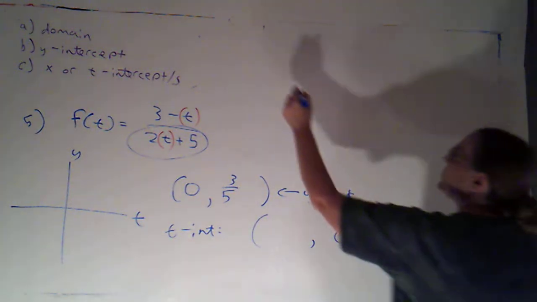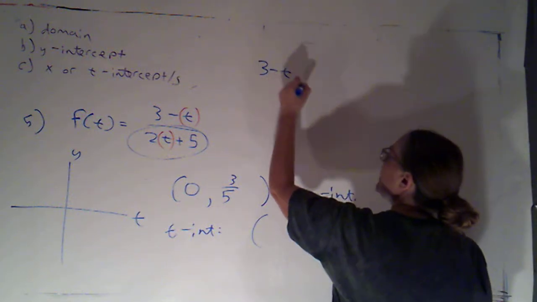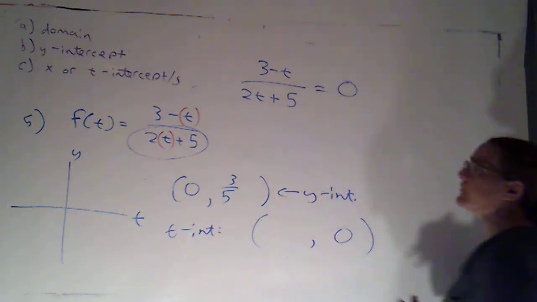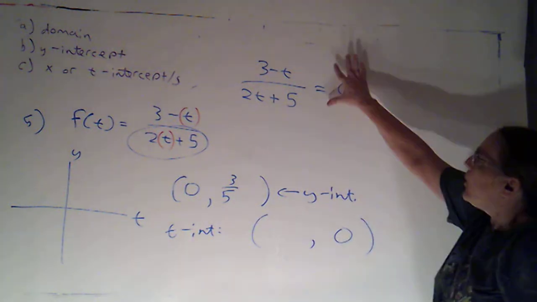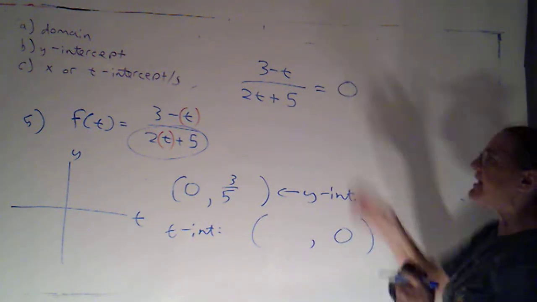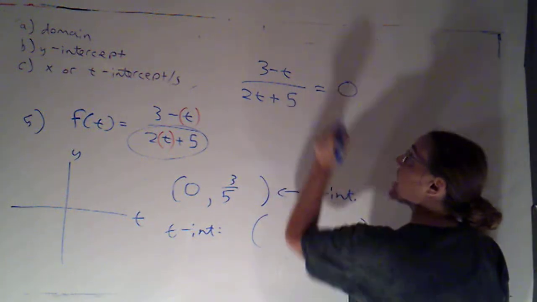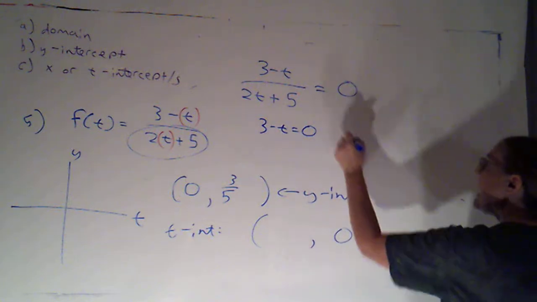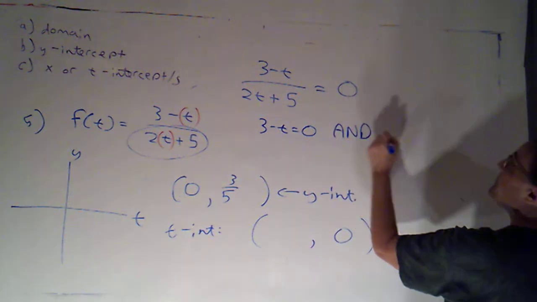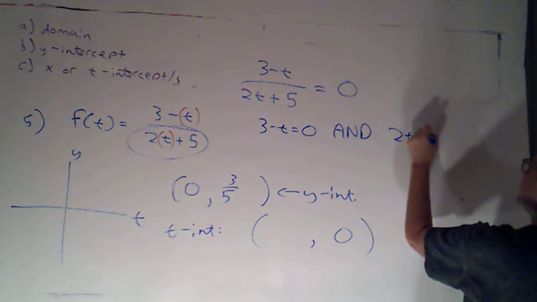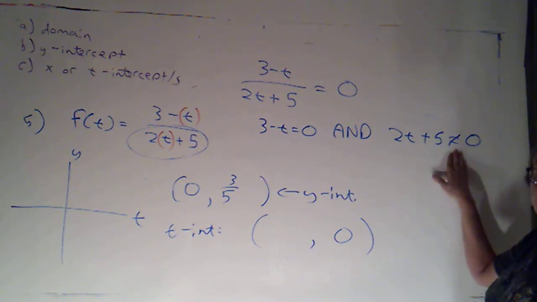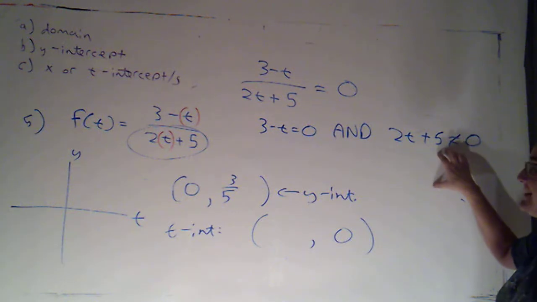So I'm looking for where does this fraction, 3 minus t over 2t plus 5, equal 0. Well, the rule for a fraction is a fraction is 0 if the top is 0, so I need 3 minus t to equal 0, and the bottom is not 0. So 2t plus 5 is not equal to 0.